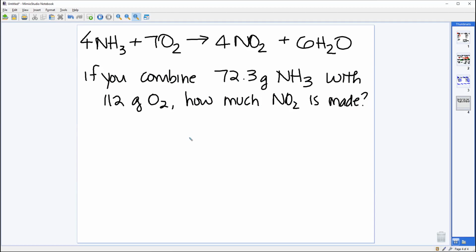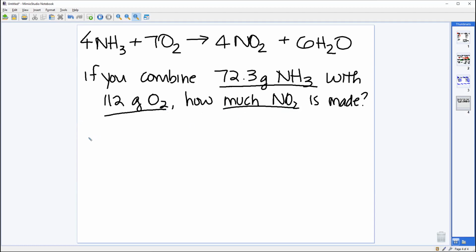So that's going to be your limiting reactant problem. So they're not going to tell you which one is limiting. You're going to have to figure this out for yourself. And the way that you're going to do that is you essentially have to work out the problem using 72.3 grams of ammonia as well as 112 grams of oxygen, solving for how much NO2 is made.